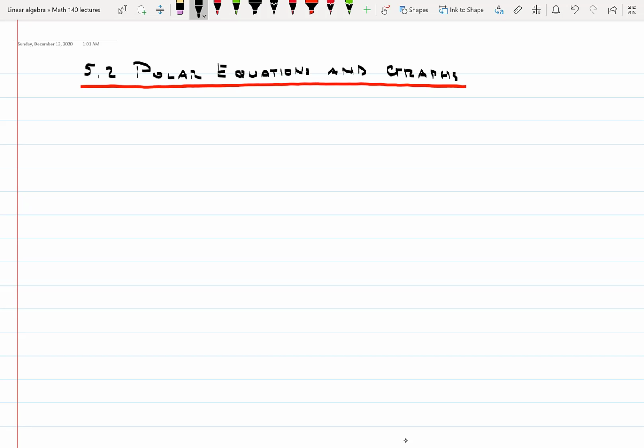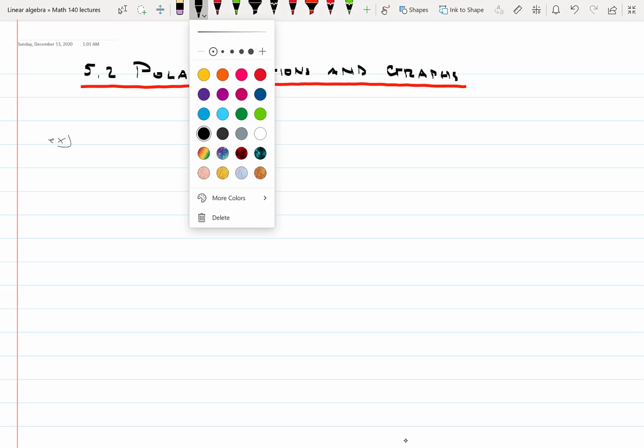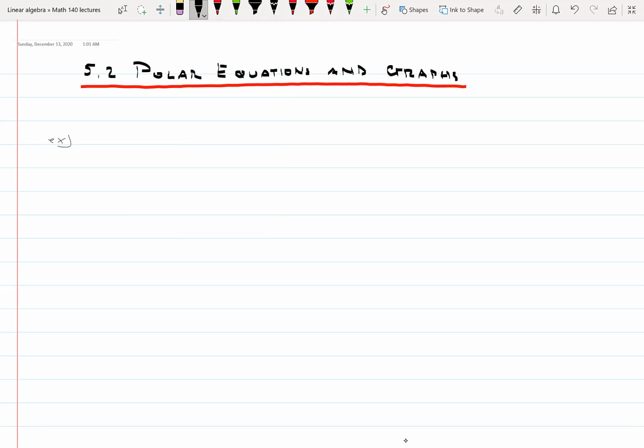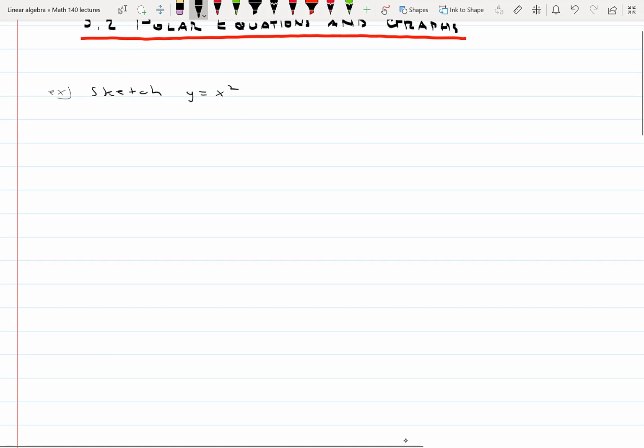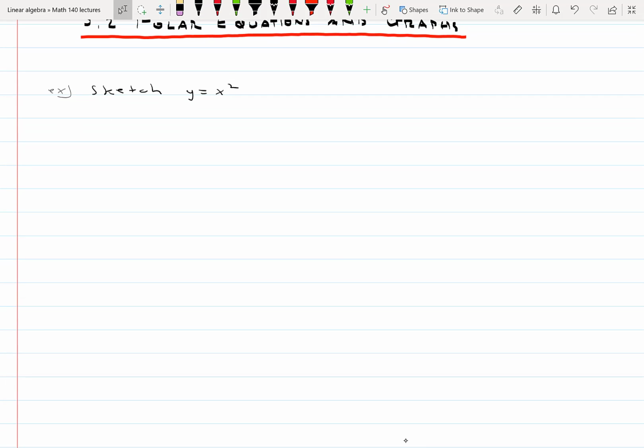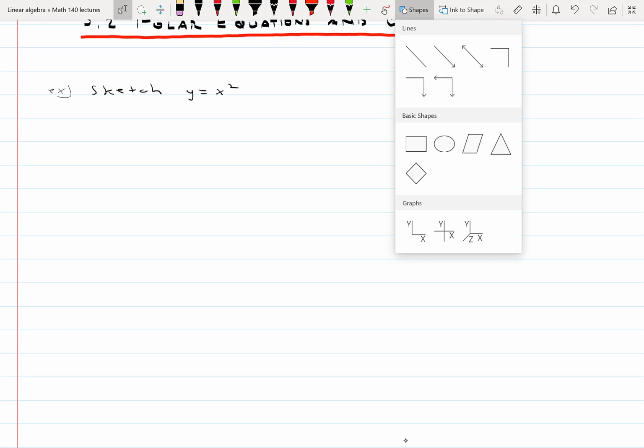Okay, so for example, let's sketch something simple. Let's sketch the graph of y equals x squared. A very common equation to graph in intermediate algebra, sometimes in elementary algebra nowadays.